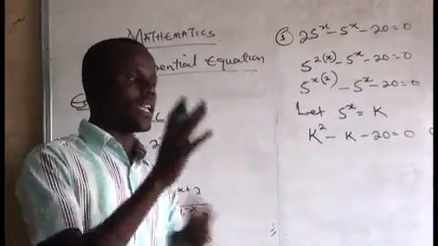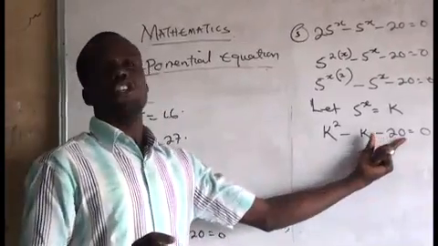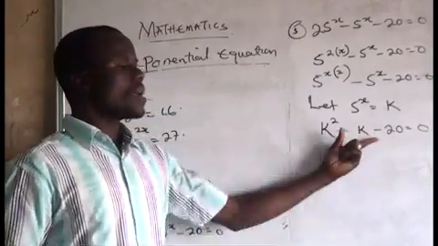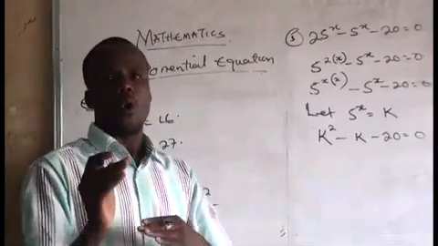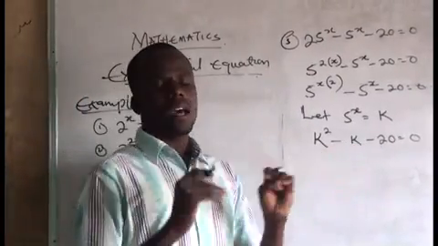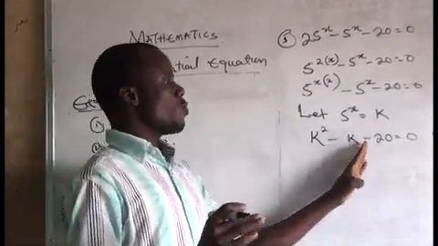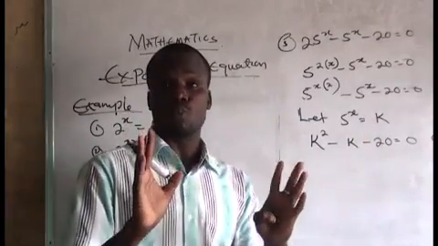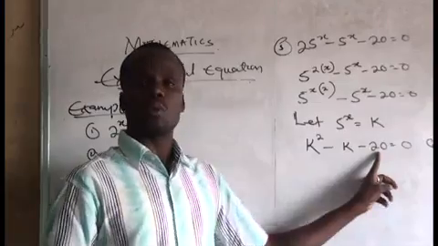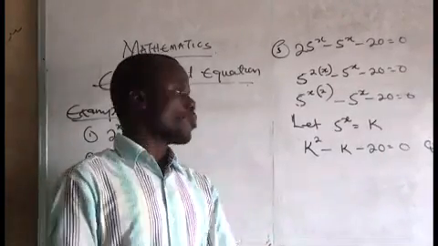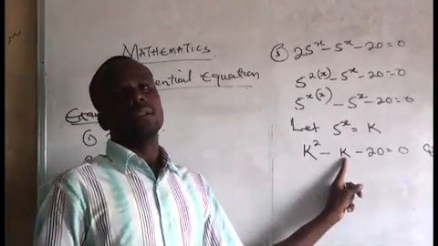So you can use any method to solve this problem. Like here, we can have factors of 5 and 4. These are the two numbers that if you multiply, that is when we have minus 5 and plus 4, minus 5 times 4, it will give us minus 20. Then minus 5 plus 4, it will give us minus 1 here.